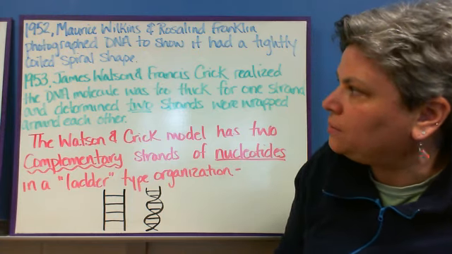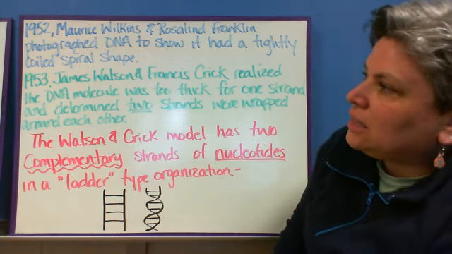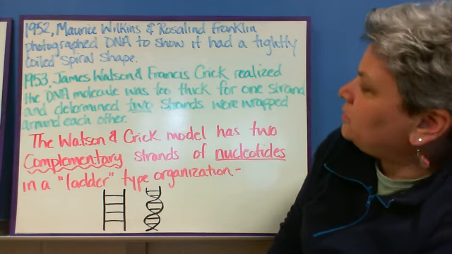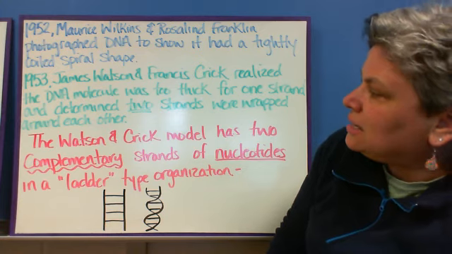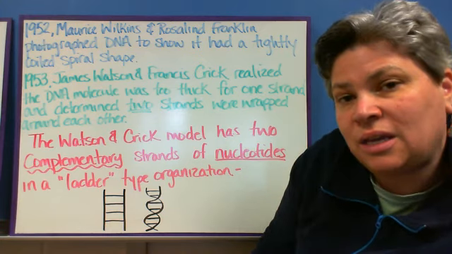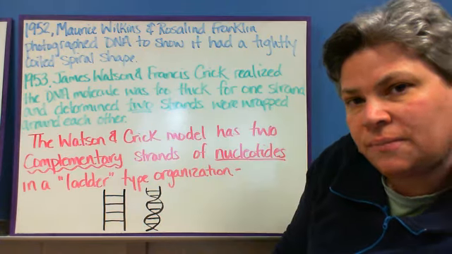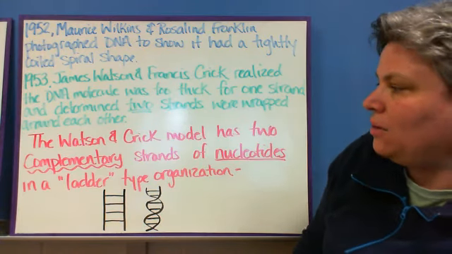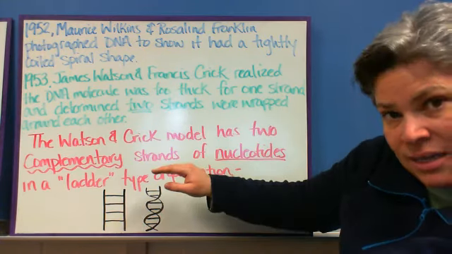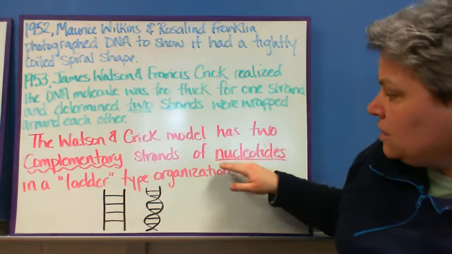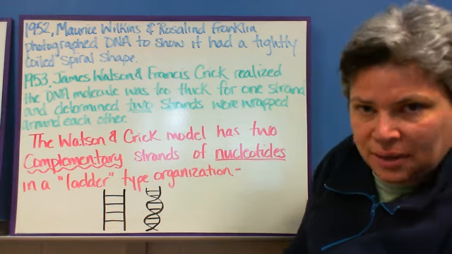And all of this led to, in 1953, James Watson and Francis Crick realizing that the DNA molecule was too thick to be single-stranded, so it had to be 2 strands wrapped around each other. And the Watson and Crick model said that there are 2 complementary strands of nucleotides, complementary because A goes with T, C with G, in a ladder type organization.